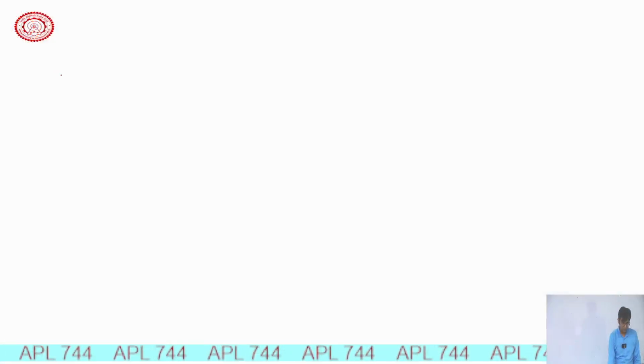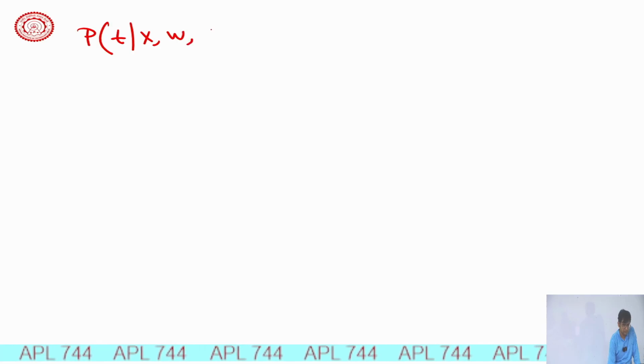So, probability of t given x comma w comma sigma square will be a Gaussian.